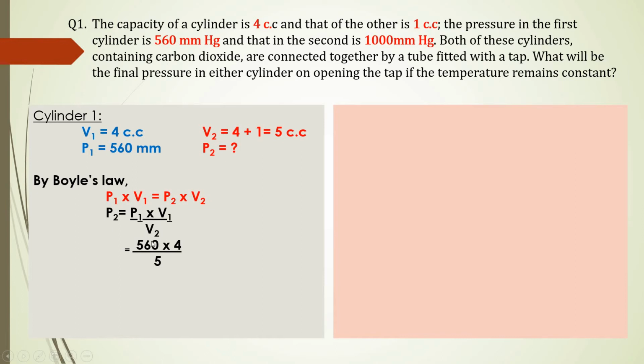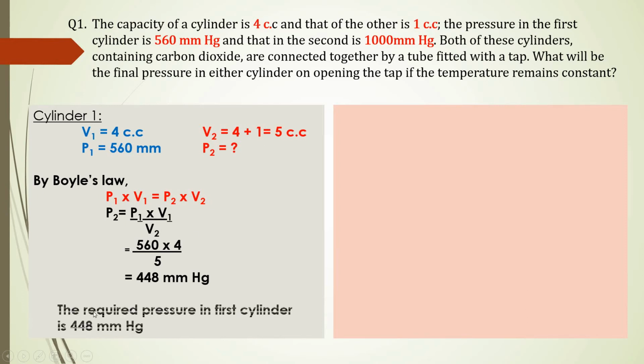Remember, final volume is 5. Now when we solve this, we get 448 millimeter mercury. So this is the final pressure in cylinder 1 when the two cylinders are connected. Hence the required pressure in the first cylinder is 448 millimeter of mercury.